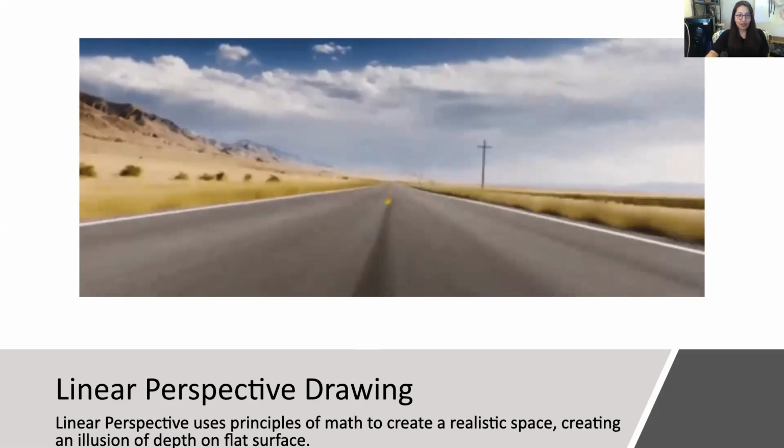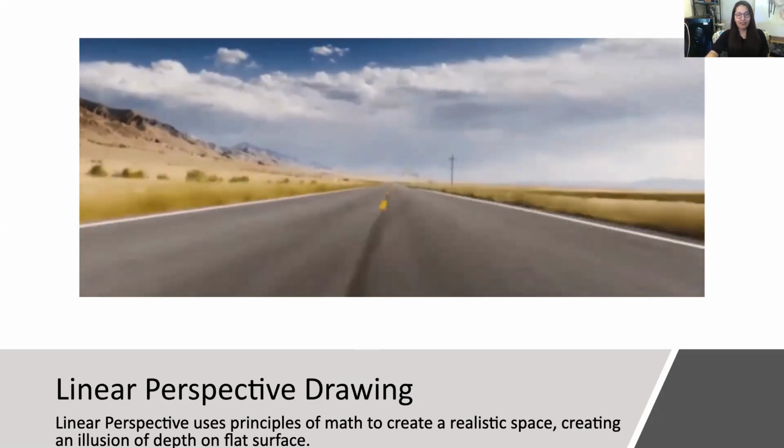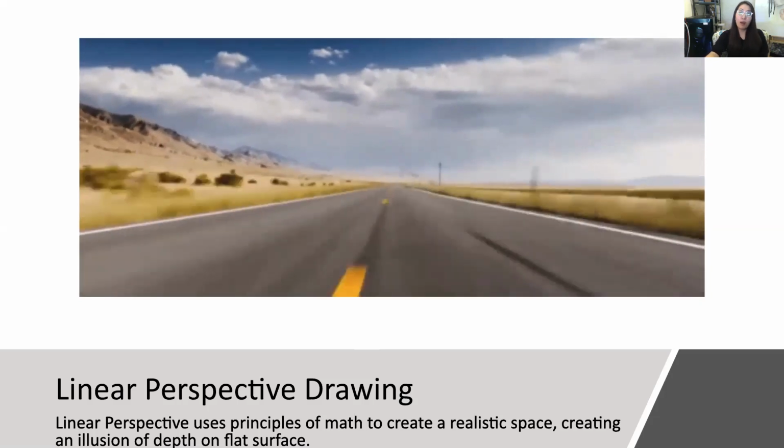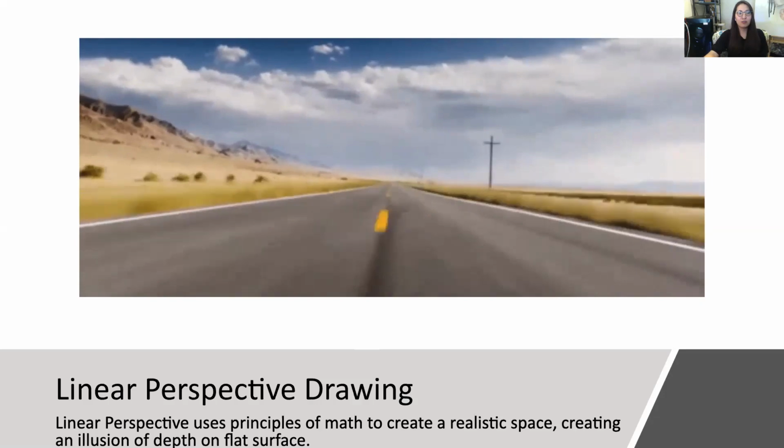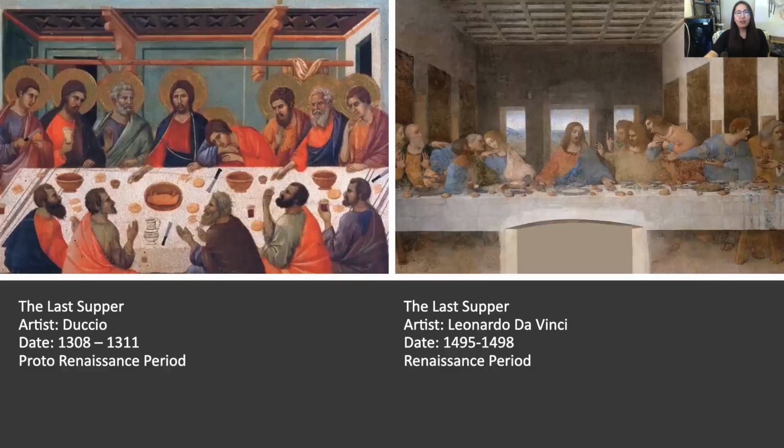Before we start learning about linear perspective, let's explore the problems that artists faced before its discovery. Here we have two paintings, both visually narrating the Last Supper from the Bible. I'm sure you're already familiar with one of these paintings. That's right, it is a painting by Leonardo da Vinci.